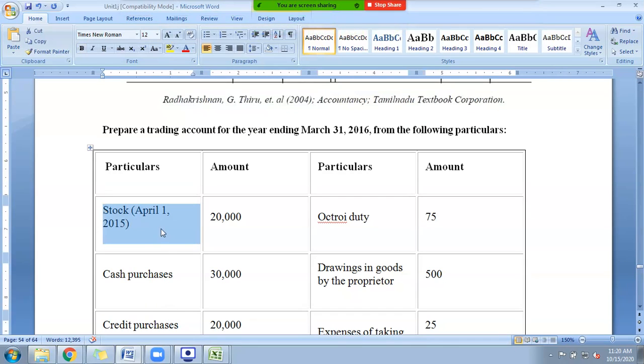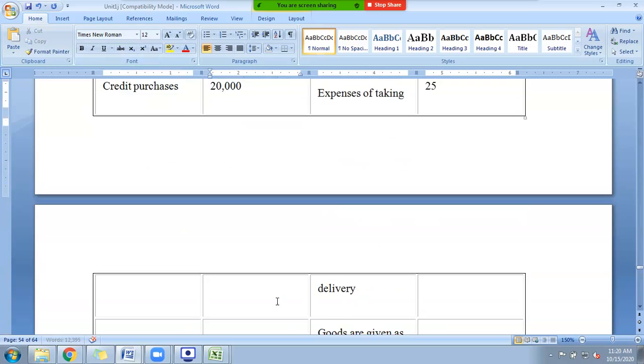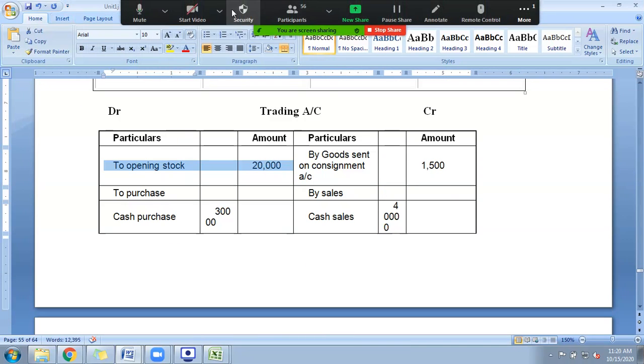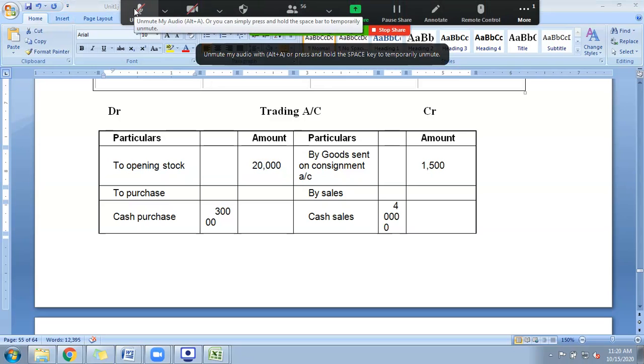Stock on 1/4/2015. What does it mean? So opening stock, right? Opening stock 20,000 rupees. So this account I will take.